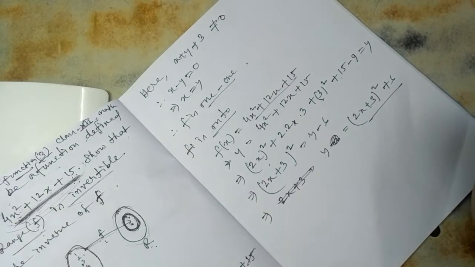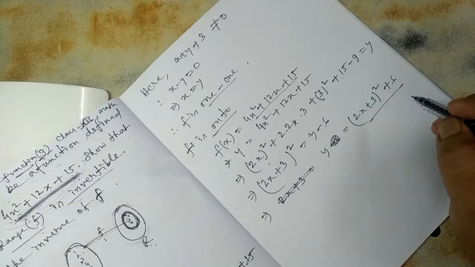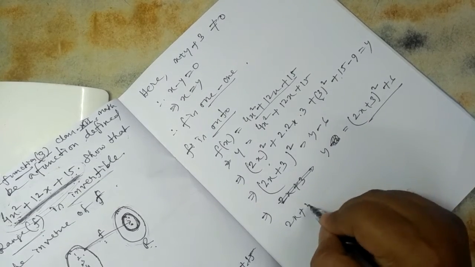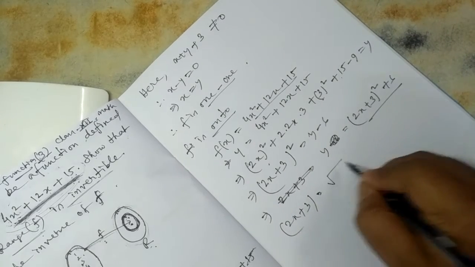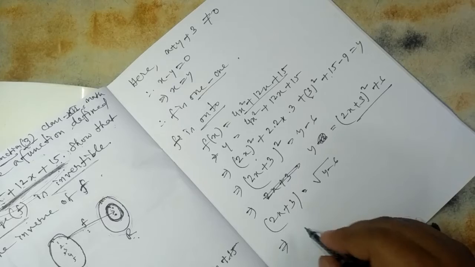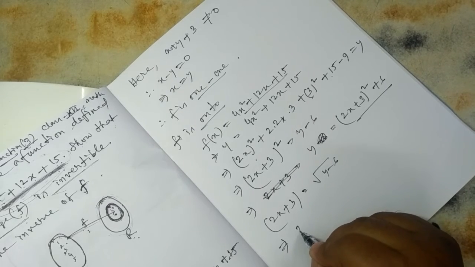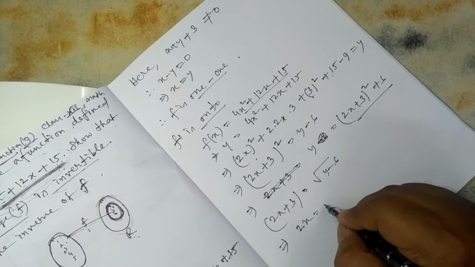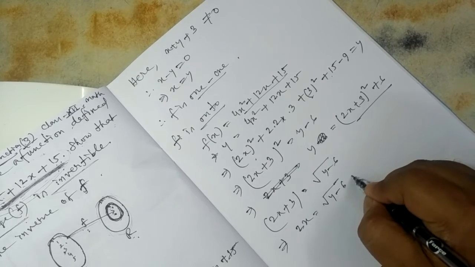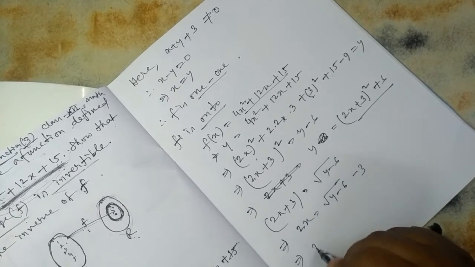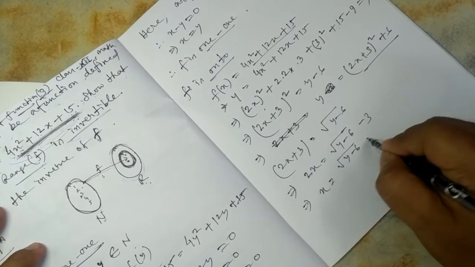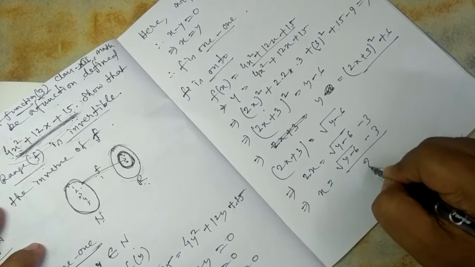Y equals (2x plus 3) whole square plus 6, or 2x plus 3 equals under root of y minus 6. So 2x equals under root of y minus 6, minus 3. So x equals (under root of y minus 6, minus 3) by 2.